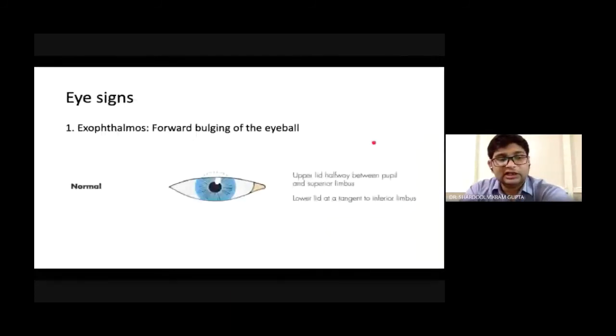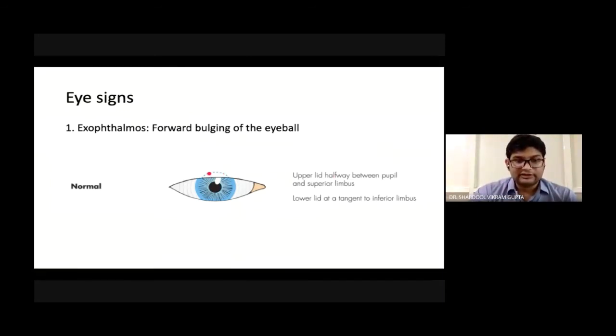And then you will look for the eye signs. Wherever you are sitting, whoever is close to you, ask them to sit in front of you and look directly towards you, and look at the position of the limbus.